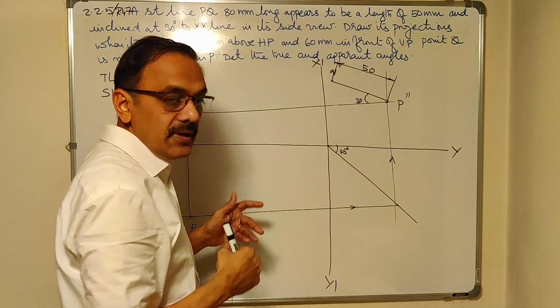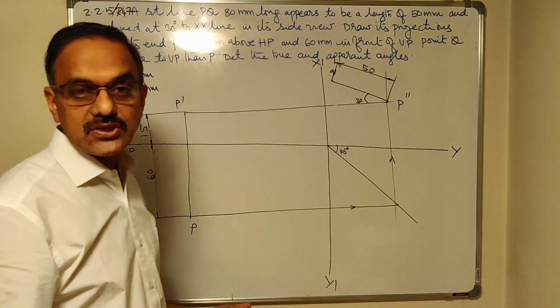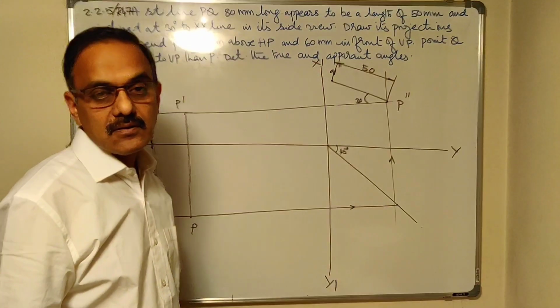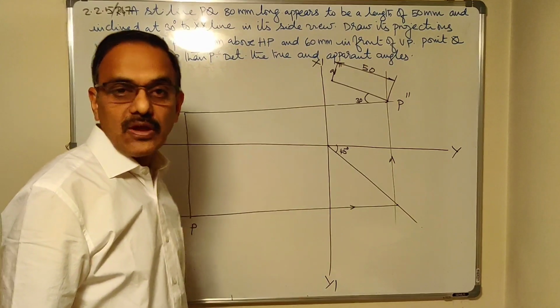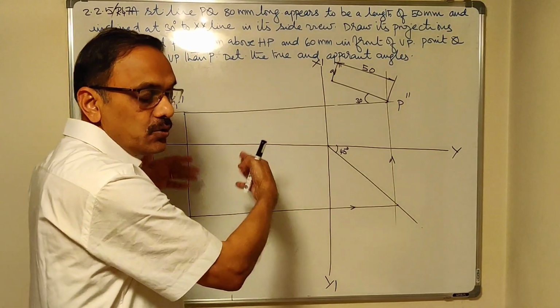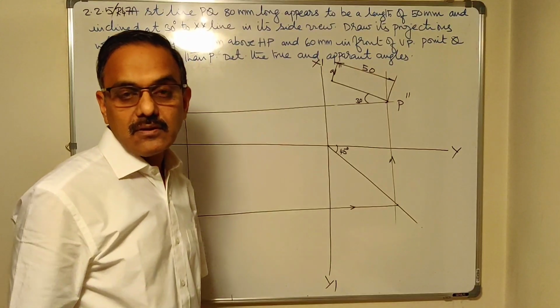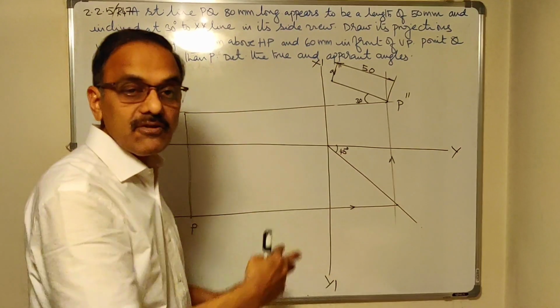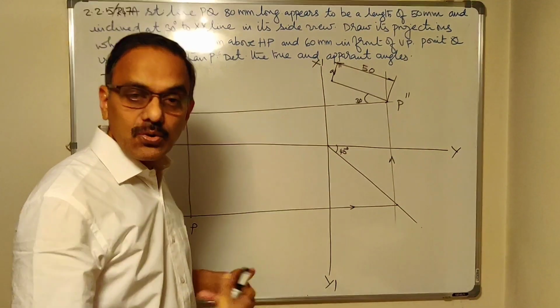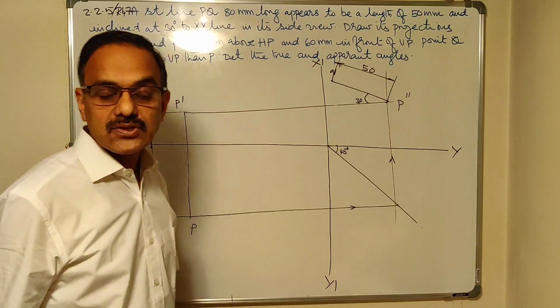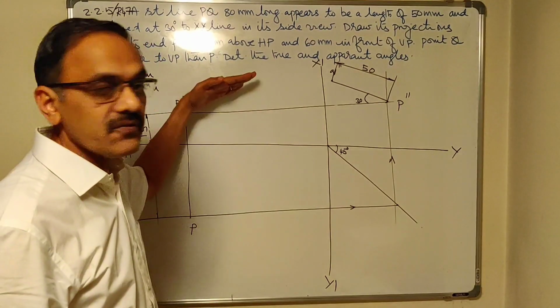Now your aim is to locate Q and Q dash from this. When you have the top and front views of a point, you know how to get the profile view. Now the profile view is there readily with you. From that you have to get Q and Q dash, that means the top view of Q and the front view of Q.